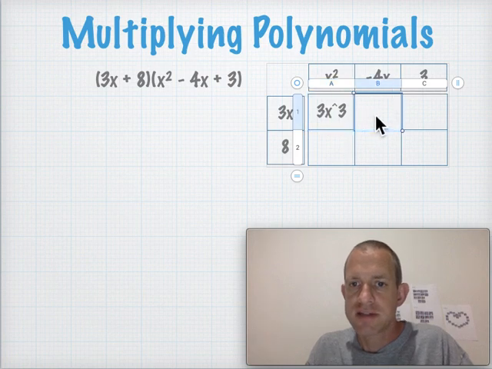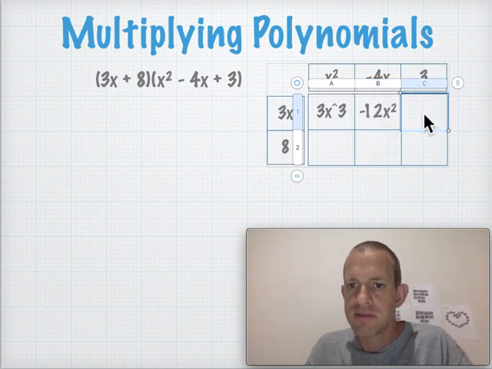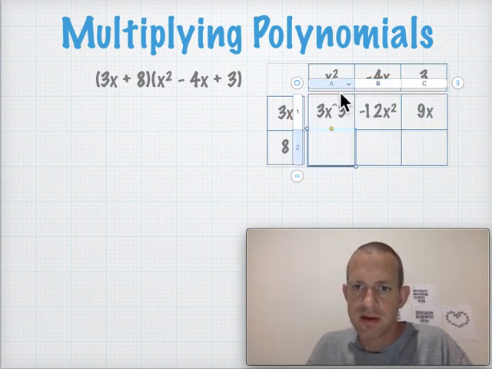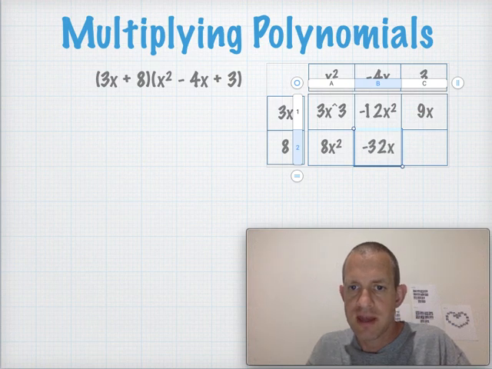And in this box, I'd multiply and get negative 12x squared. And in this box, that's 9x. Down here, I get 8x squared. And negative 32x. And 3 times 8 is 24.